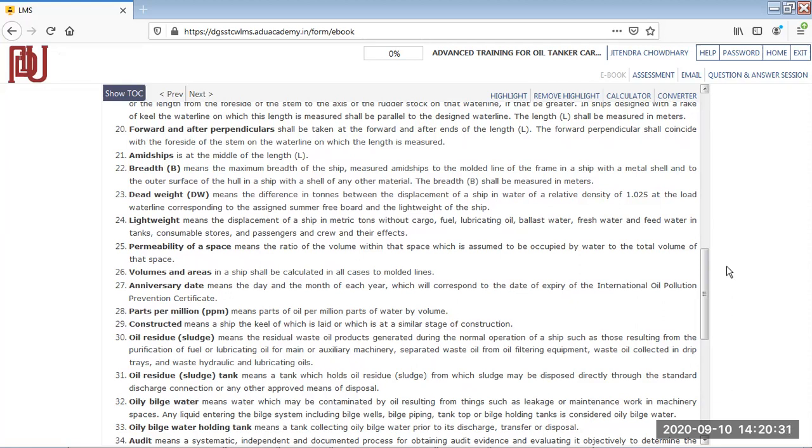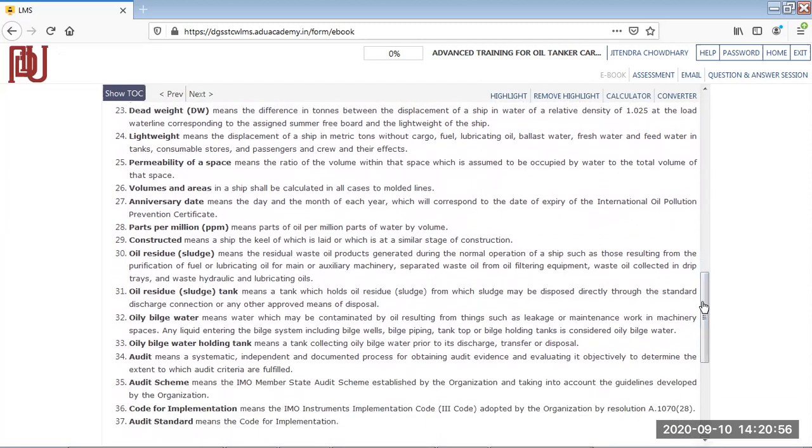Oil residues or sludge is the waste oil which is generated after normal operation of purification, like distillation or machineries, refineries. Like you have in an engine room also.